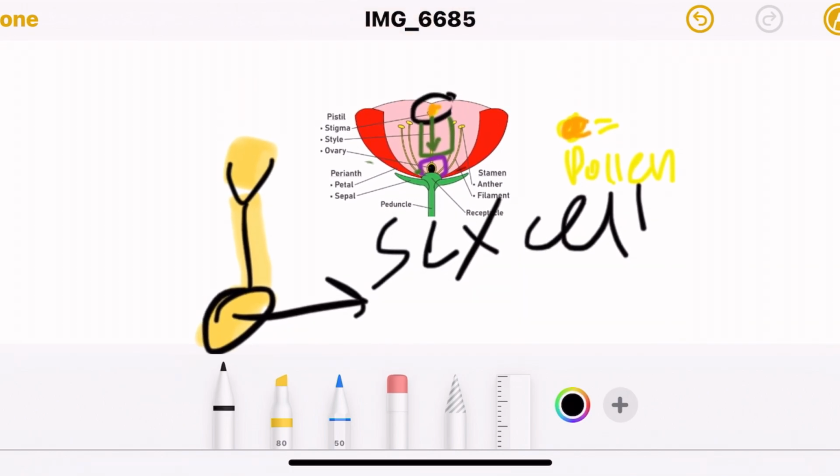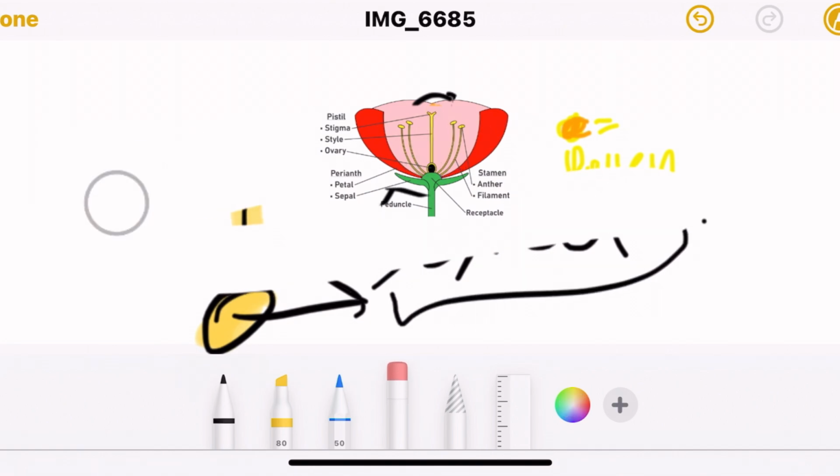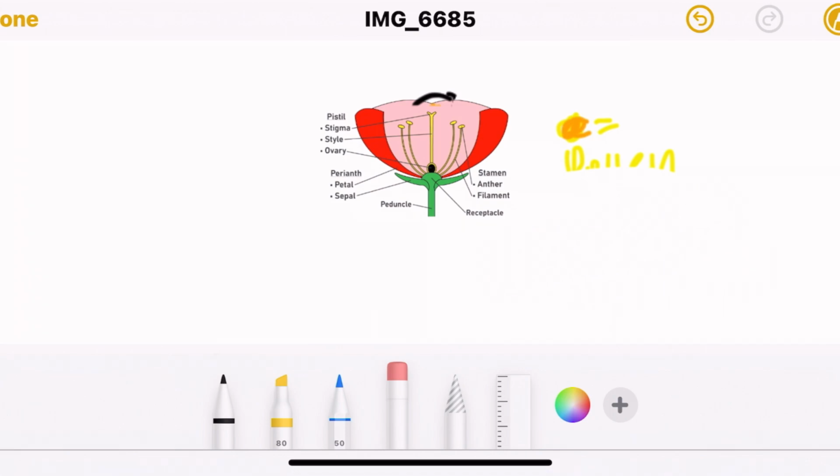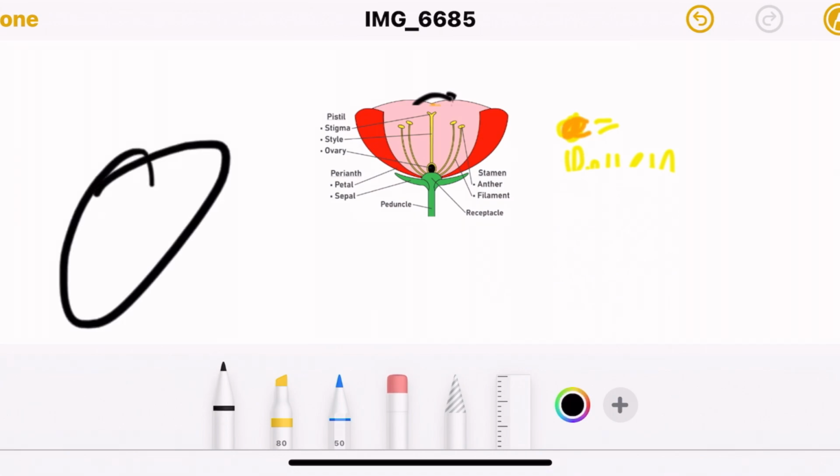It produces sex cells. Just like humans, we have ovaries, and ovaries are not sex cells. Many people confuse it. When I was in O-levels, I also confused it. Just remember that the ovary is not the sex cell. It produces the female sex cell.